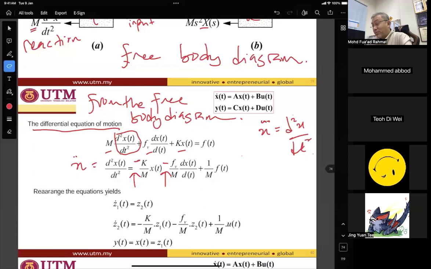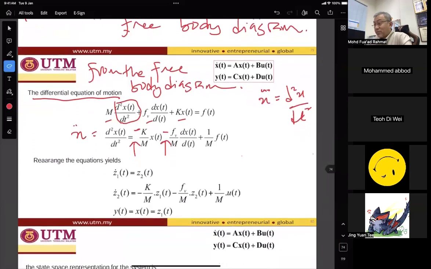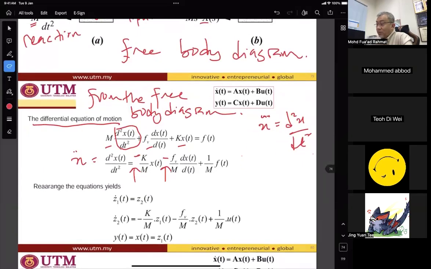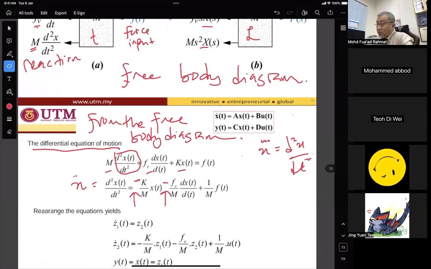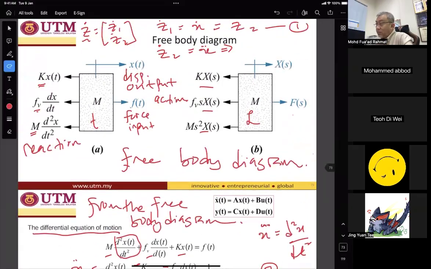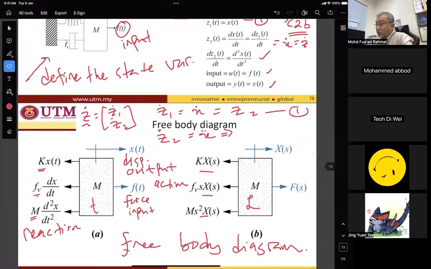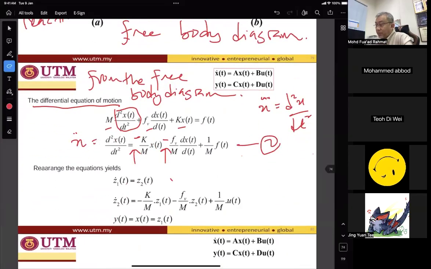Okay, so we rearrange the equation since the first state. This is the second state equation. So the first state equation is here. z1 dot is equal to z2, and z2 dot is equal to x double dot.